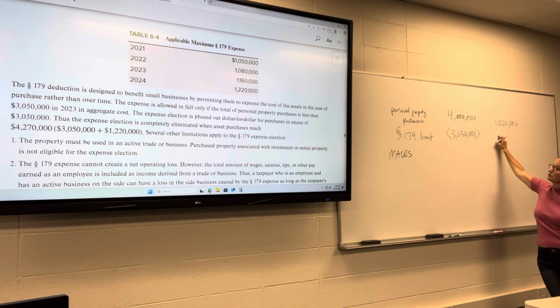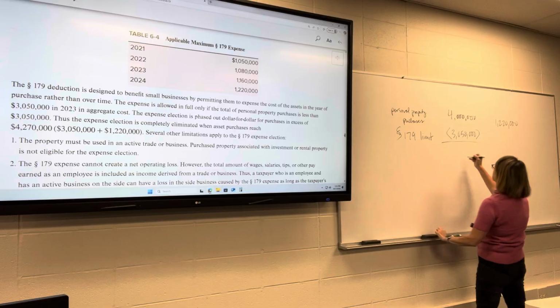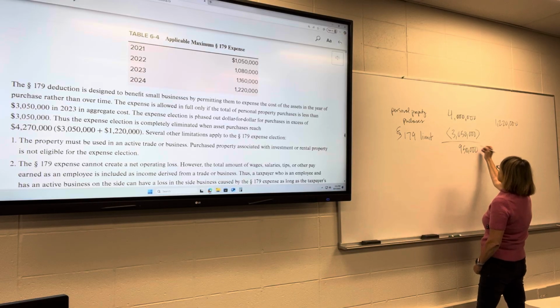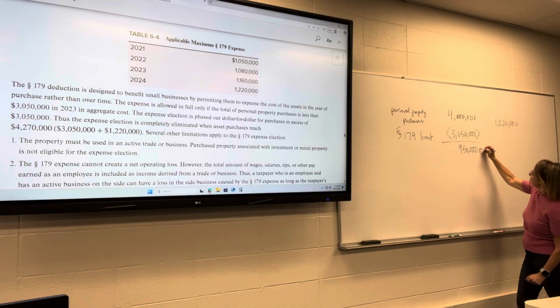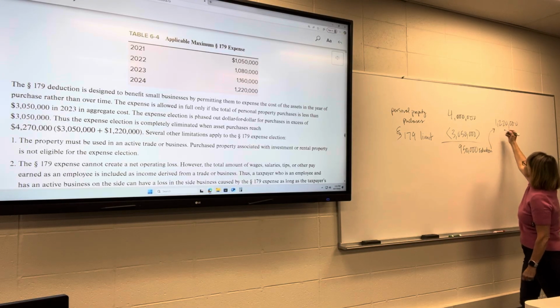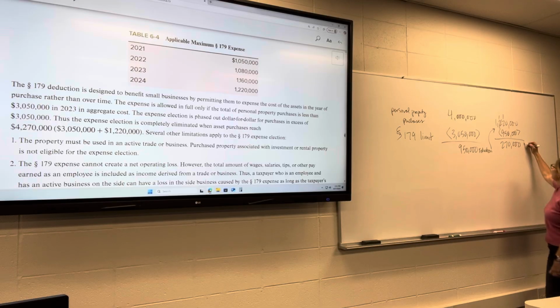That starts to get reduced. So we subtract this, what do we have? 950,000. So now this is our reduction in this amount here. So what do we have? 270,000. Now this is our 179 limit.